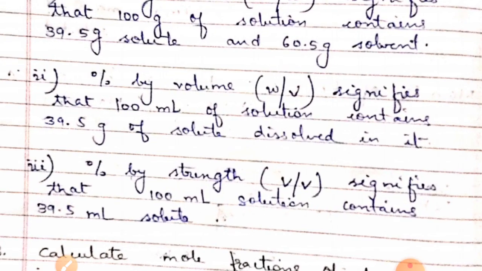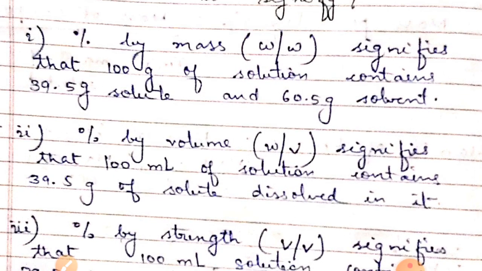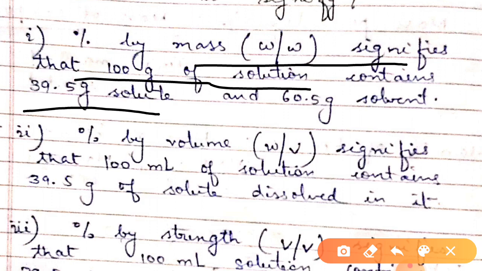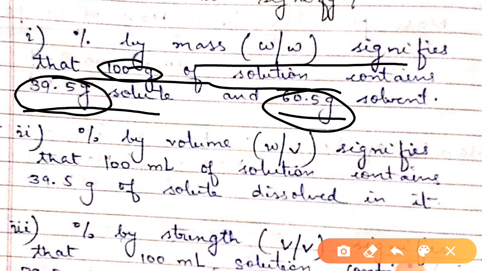It signifies that 100 gram of solution contains 39.5 gram of solute and 60.5 gram of solvent. So when you talk about mass percent, the total is 100. So the solution's total mass is 100. It contains how many gram? How much percentage is given? That much gram of solute, and the remaining is water.